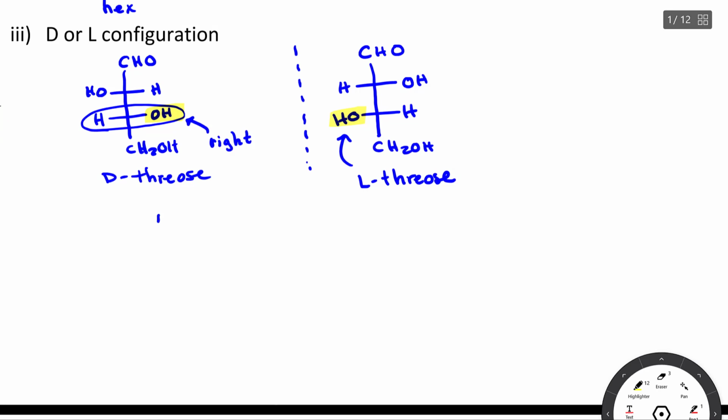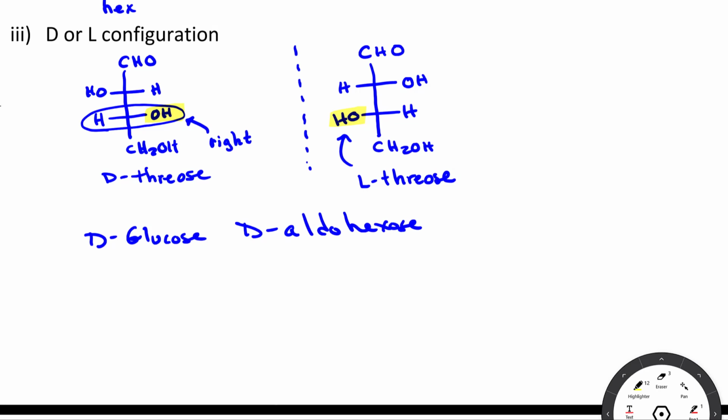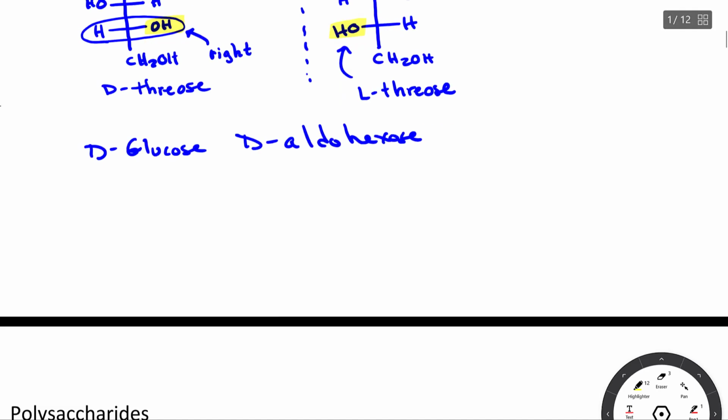Sorry, let me write glucose. D-glucose, in fact, is a D-aldohexose. So there's a lot of different ways you'll hear these terms thrown around. It's all different ways of describing the molecule depending on what you're trying to talk about.